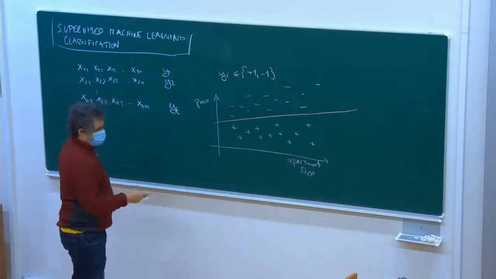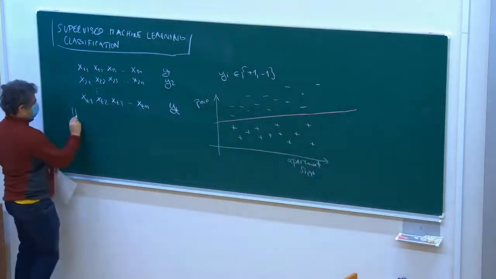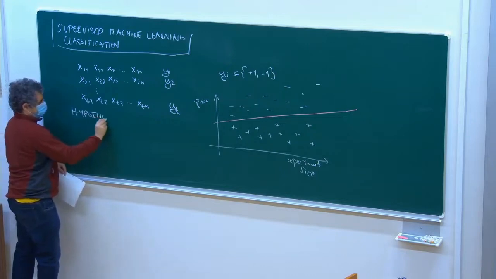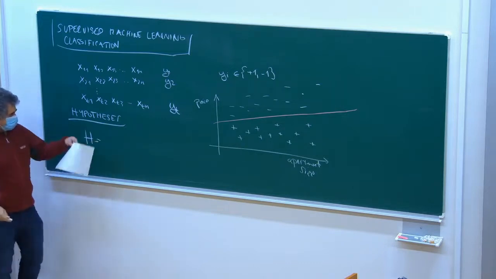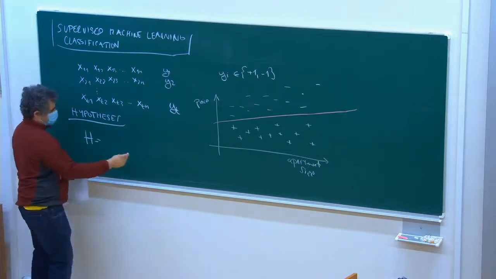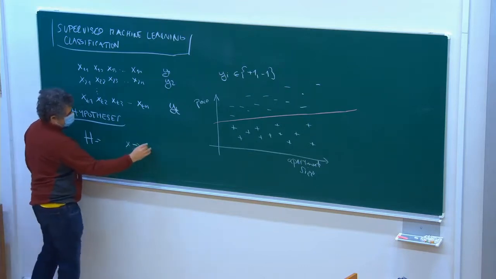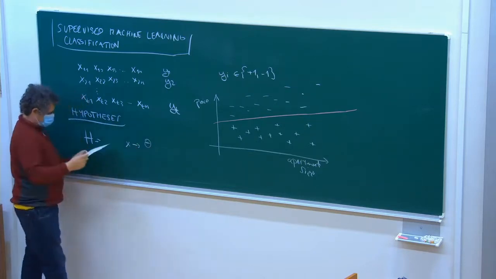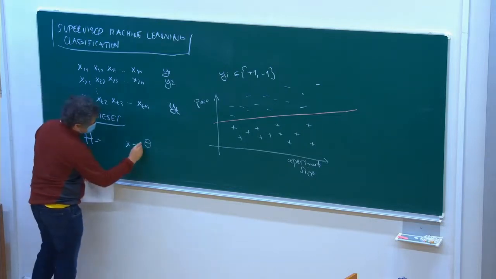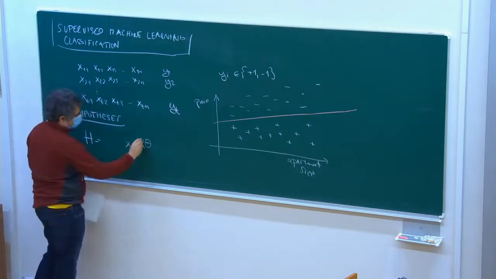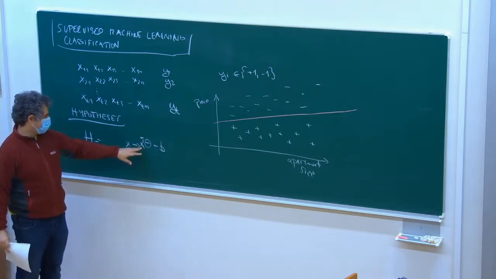So if you are looking at your hypothesis space, it will look like this: you will take some vector x, and then you will transform it to theta transpose x plus b.